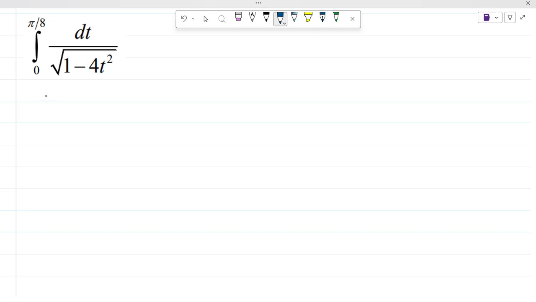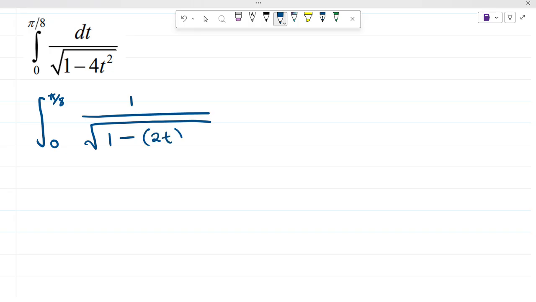The only thing that we need to do is to rewrite this firstly in a nice way. So we're going to write pi over 8, 0, we have 1 here, and then we have the square root of 1 minus 2t squared dt. So now we're integrating with respect to t.